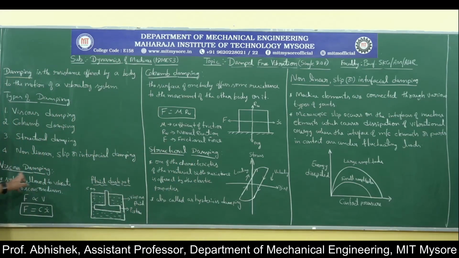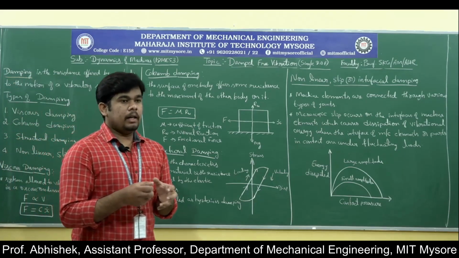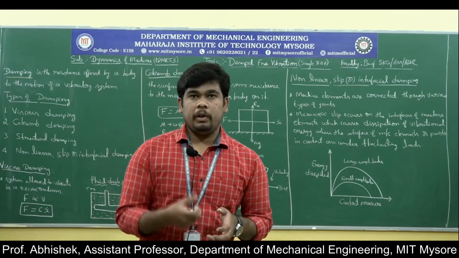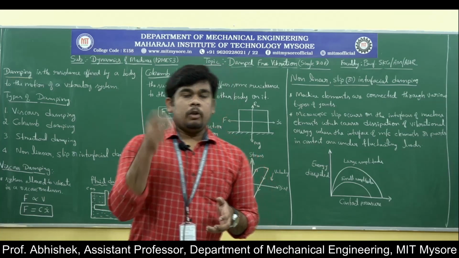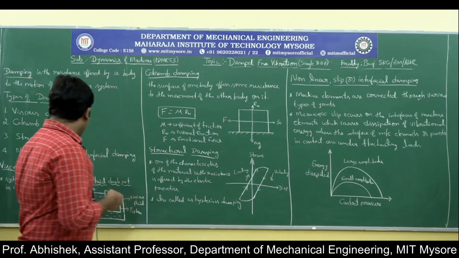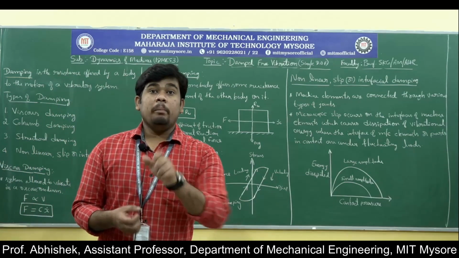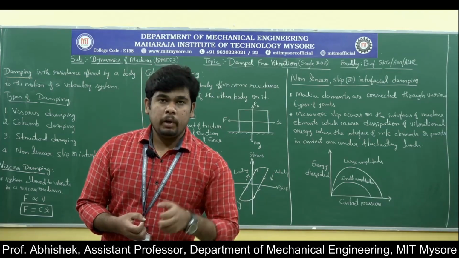The very first one, viscous damping. See, viscous means it's a kind of a liquid medium or a fluid medium. So for that we call it viscous. Here viscous damping means when the system is allowed to vibrate in a liquid medium or a fluid medium.